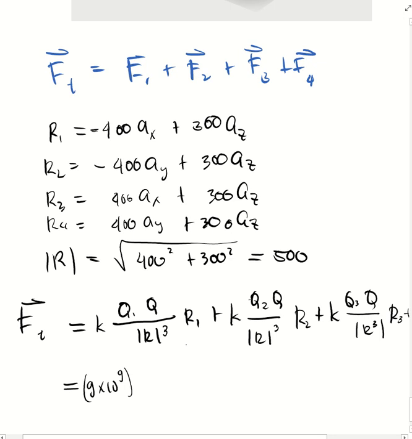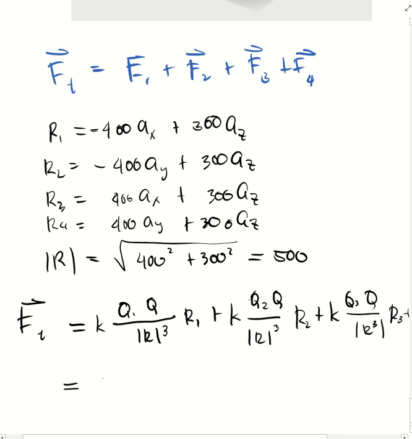Then Q1, Q2 are 60 stat Coulomb. Wait, this is stat Coulomb. This is in CGS system. It's not 9 times 10 to the 9 for K. Our K here should be equal to 1. So we just need to multiply Q and Q, then just add all the R1, R2, R3, R4 vectors.